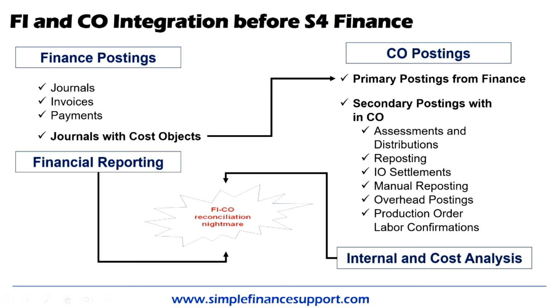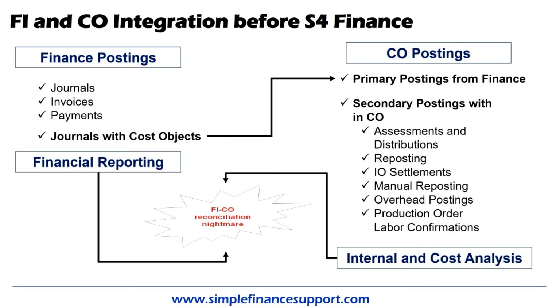This is the biggest drawback of SAP. It's very difficult to trace within finance what is happening about the cost flow, whereas if you go to CO, then you will have all the cost flow information. But again, when it comes to finance, you always need a different kind of integration reports.